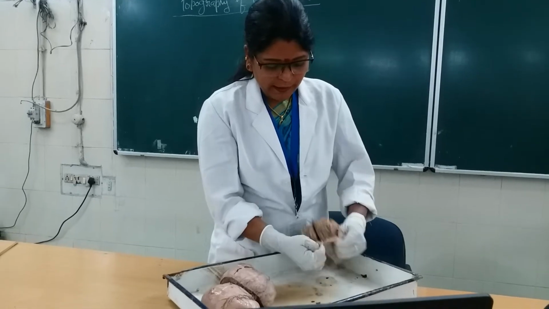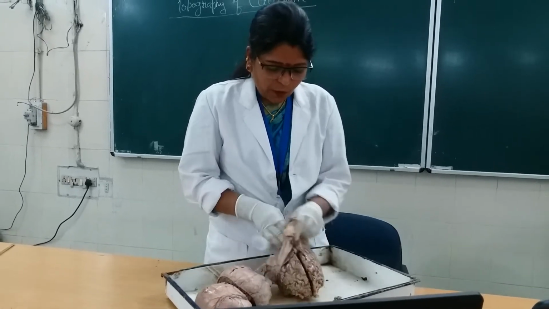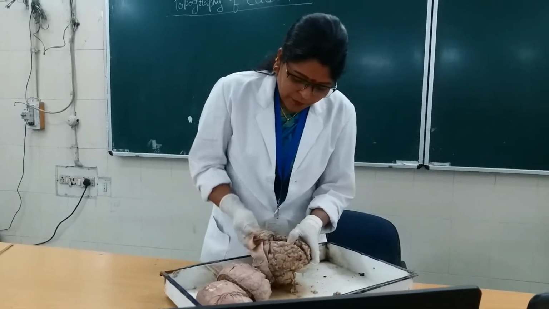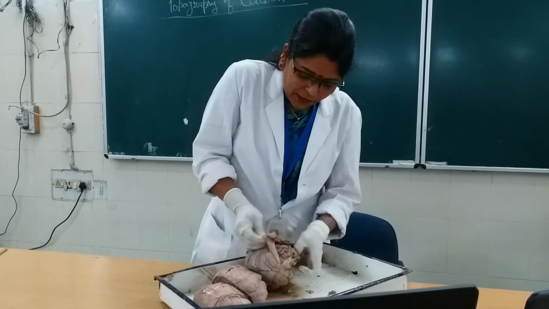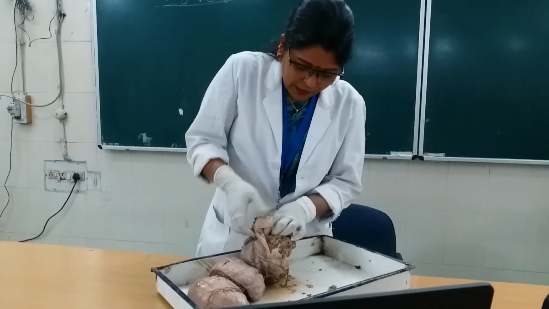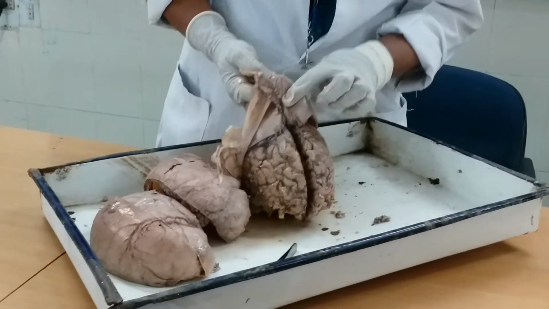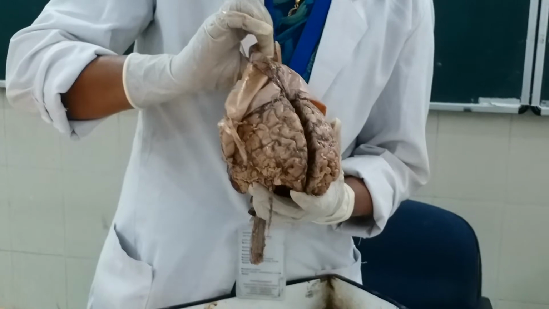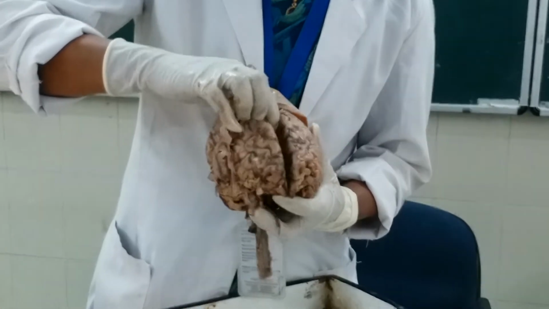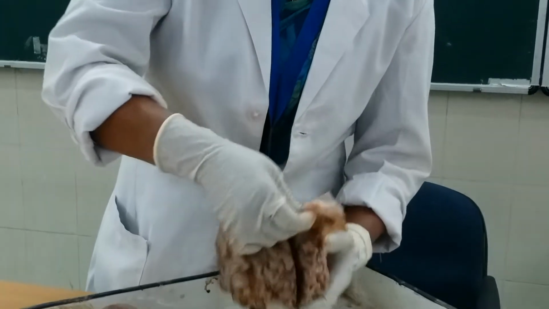You can see this meningeal fold forming the falx cerebri, in between the two cerebral hemispheres, the fold of the dura mater. There are dural venous sinuses also, isn't it? Here these are the dural venous sinuses. Which sinus? Inferior sagittal sinus and the superior sagittal sinus.